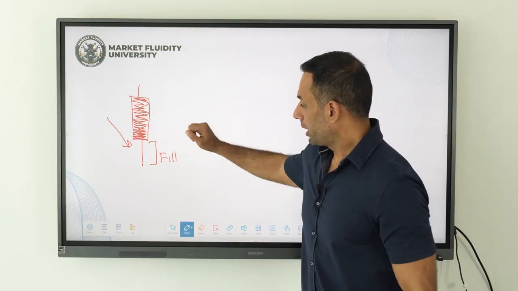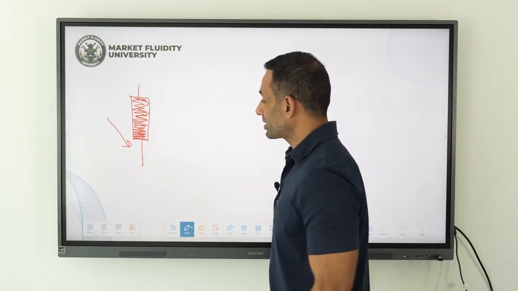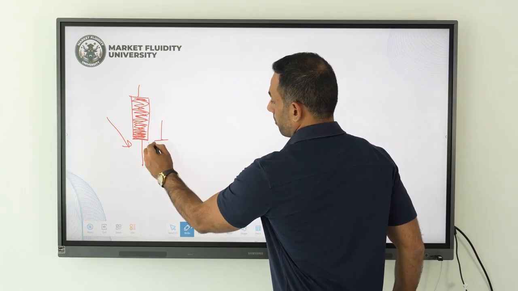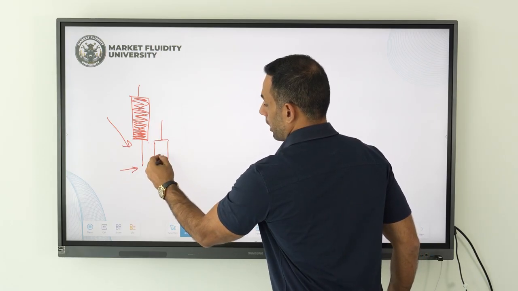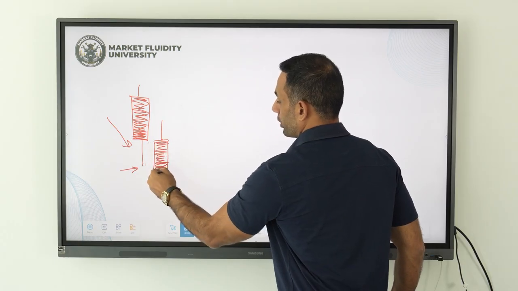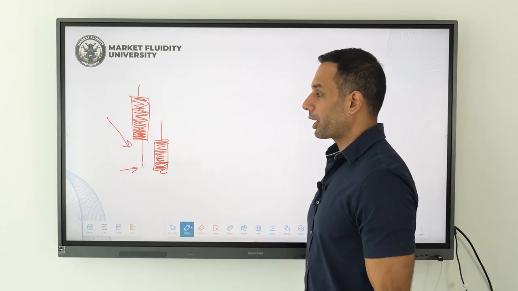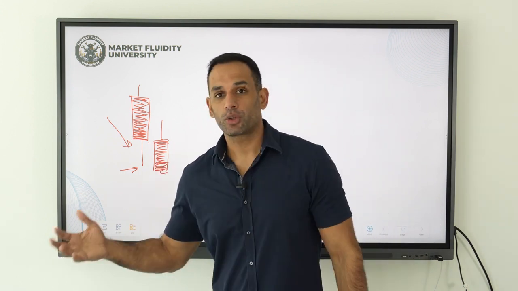In essence, the next candle may look something like this: we can wick up, push down, fill this wick to the left-hand side, and then from here, if we want to go down, we can go down, and if we want to go back up, we can go back up. That's exactly what the wick fill is.